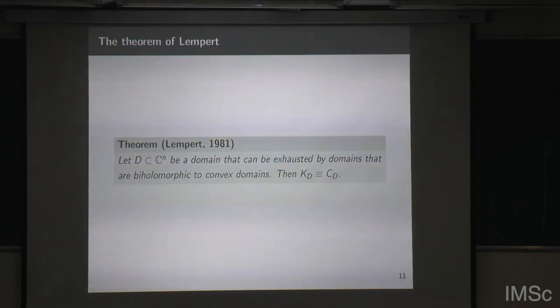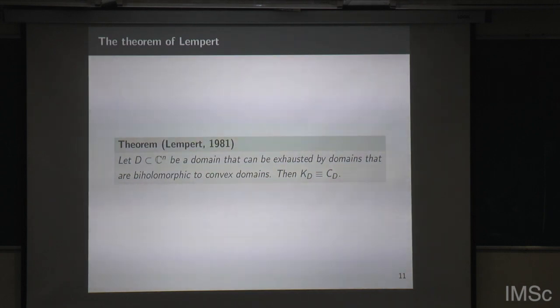Now, this result is really strange in some sense, because convexity is a property that does not interact well with holomorphicity. So one really wonders why this result is actually true. Even more problematic is the fact that Lempert's proof is notoriously difficult and long.